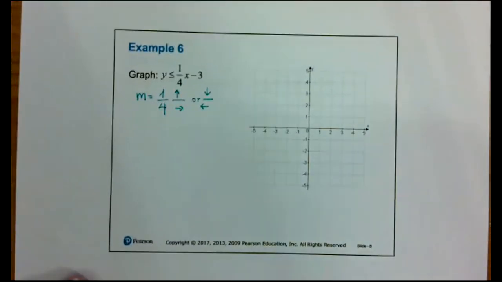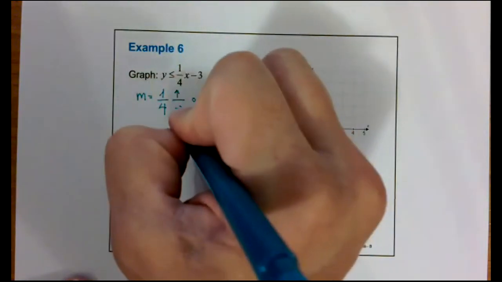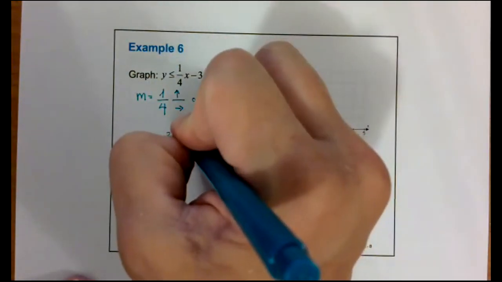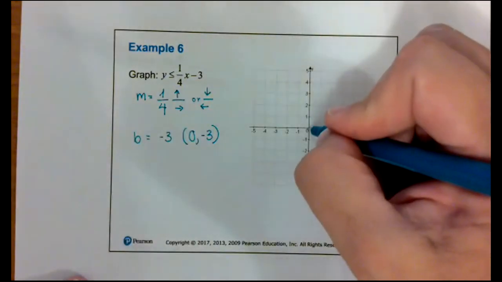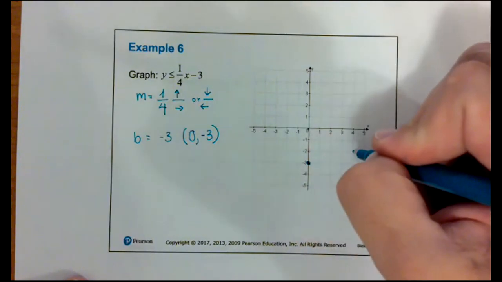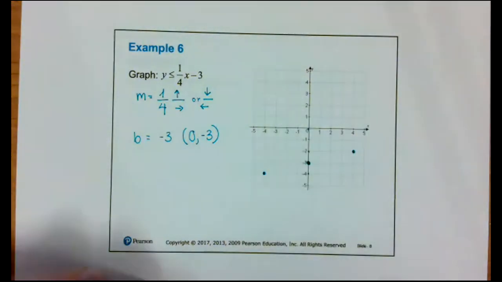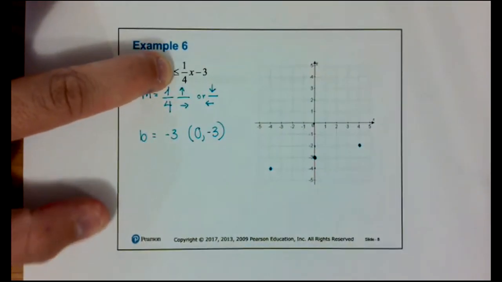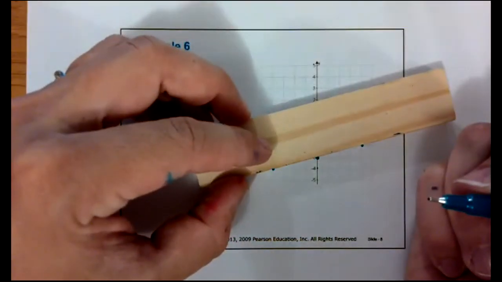Okay. Your b is -3, which means it crosses the y-axis at 0, -3. So let's start there. 0 on x, -3 on y, up 1 over 4, down 1 over 4. It has a less than or equal to, so it includes the line, so the line can be solid.